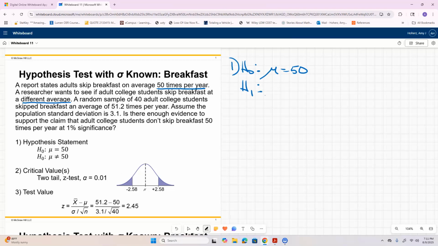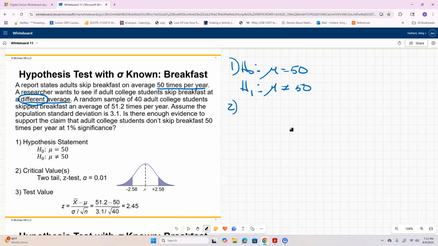Do we want to do our mean with a less than, a greater than, or a not equals? Well, if you read what the researcher wants, it says a researcher wants to see if adult college students skip breakfast at a different average. Doesn't specify higher or lower. They just want to know if it's different, if it's not equal to 50. They're not specifying whether they think it's higher or lower. They just think it might be different.